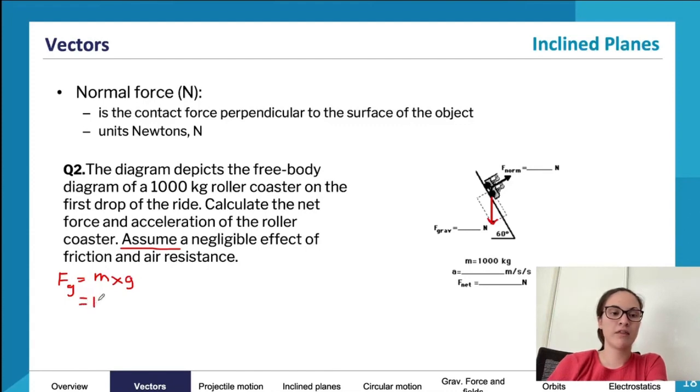So we've got 1,000 kilograms multiplied by 9.8. All right, and then we will end up with 9,800 newtons.